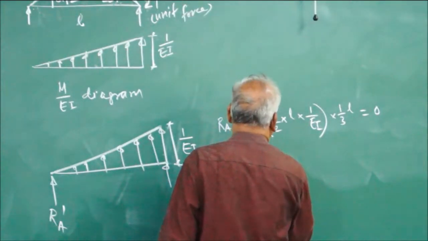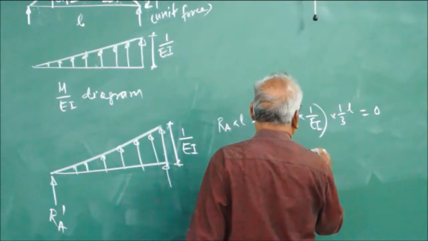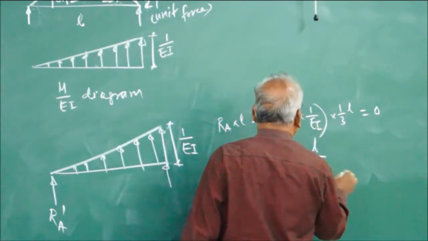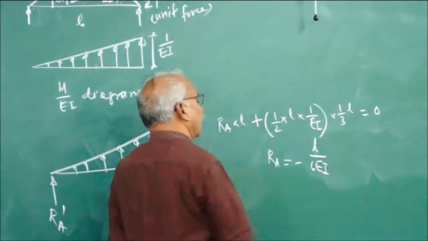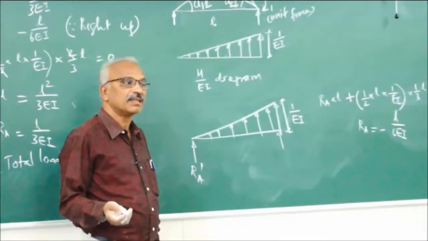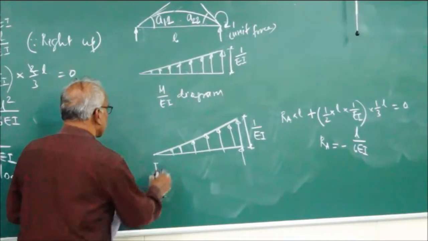This also causes clockwise moment. Therefore, on simplification, you will get RA to be minus L by 6EI. That means your assumption is wrong, RA is not upwards.